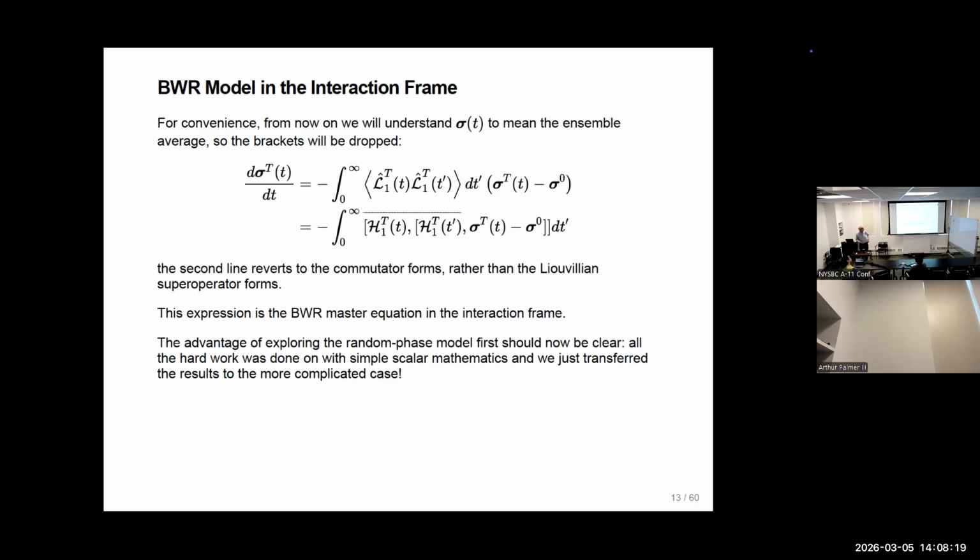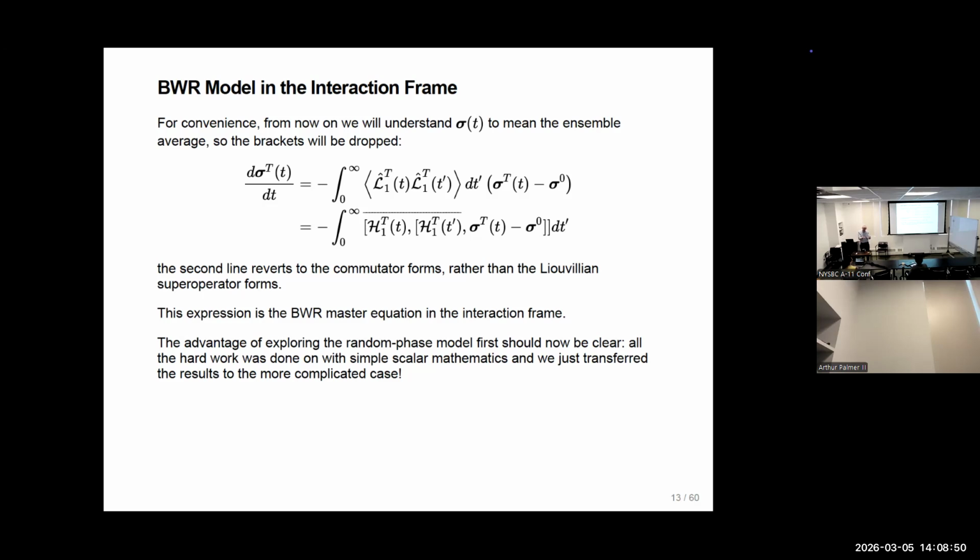So L1 of T prime acting on the density operator means the commutator of H1 T prime with sigma, and then L1 of T operating on all of that says take the commutator of H1 of T with everything else.